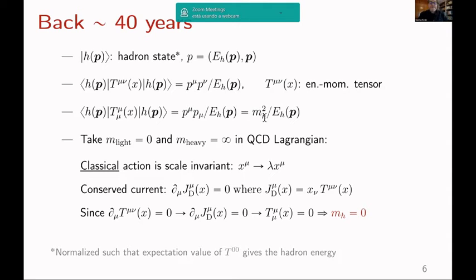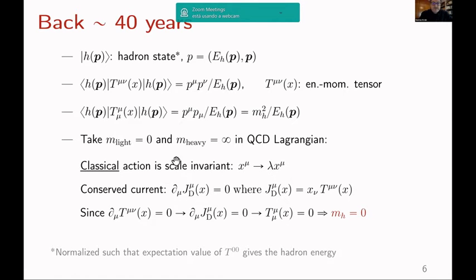Okay, so let's look at this theoretical limit where the light quark masses are zero and the heavy quark masses are infinite. So they essentially decouple from the theory, and since we don't have any mass scale in the Lagrangian, the action is scale invariant.